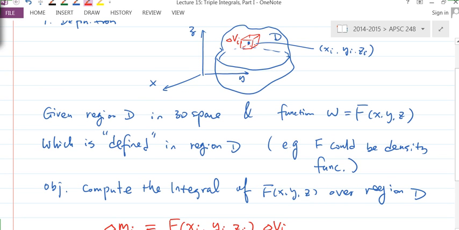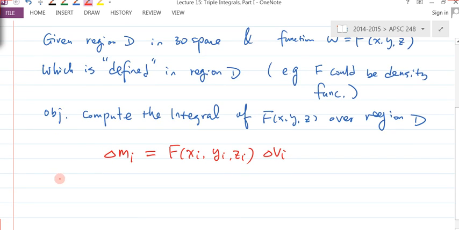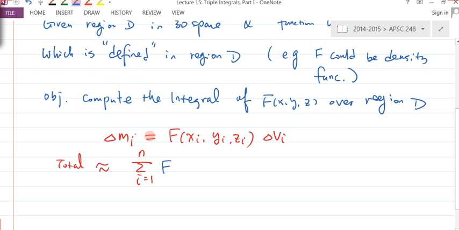If we are looking for the total mass, consider we have n of these small boxes separating this object D. Then the total mass is approximately the sum, with i going from 1 up to n, of all these small masses.